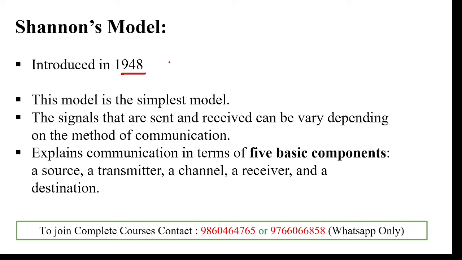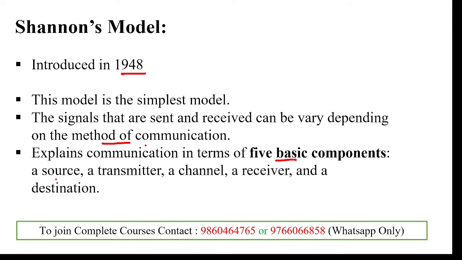In 1948, Shannon's model was introduced, and this is the simplest model of communication. Here the signals are sent from the sender to the receiver, depending upon the method of communication. The communication depends upon five basic components.